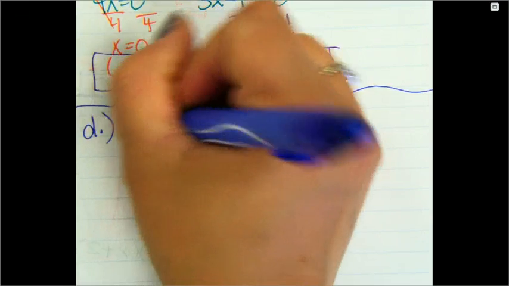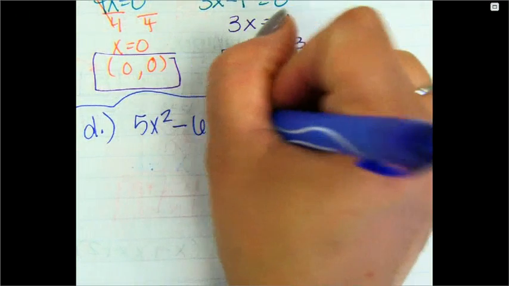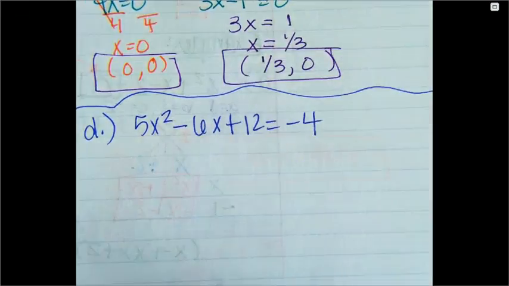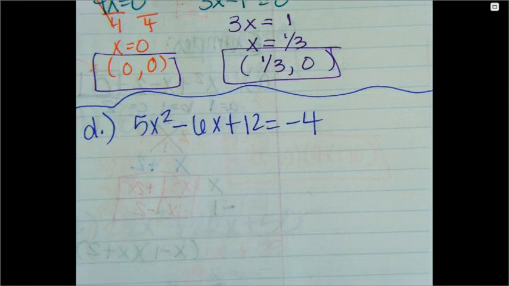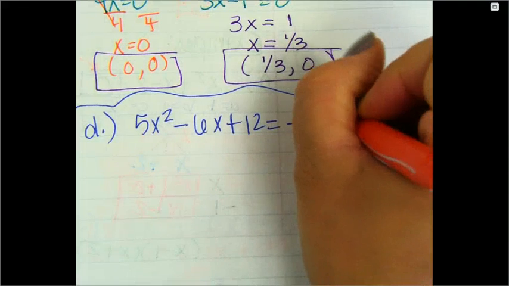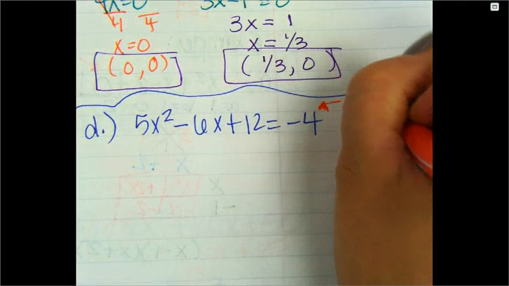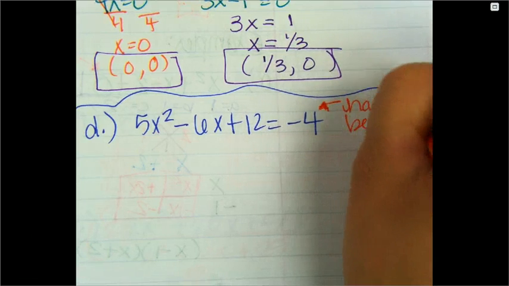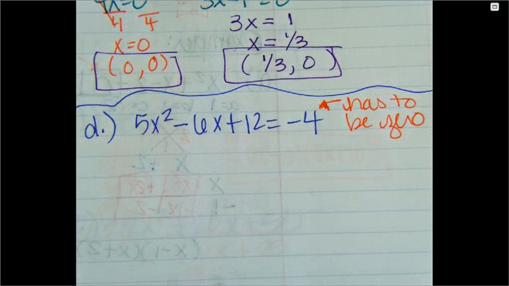So 5x squared minus 6x plus 12 equals negative 4. Why is it different? It's not equal to 0. What's the rule say? It has to be 0. It has to be 0. So if I need it to be 0, how do I make it 0?